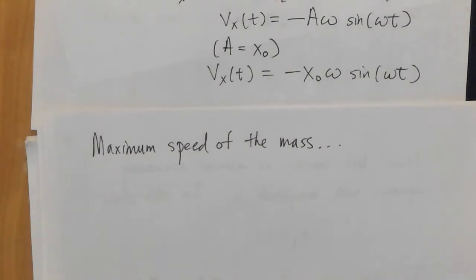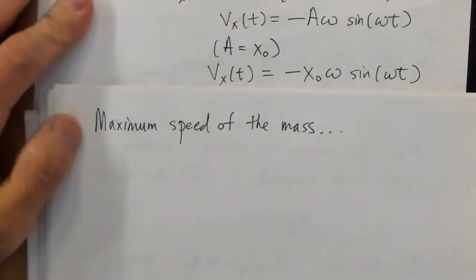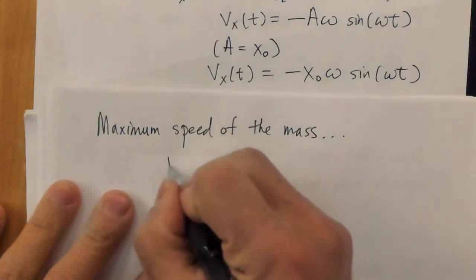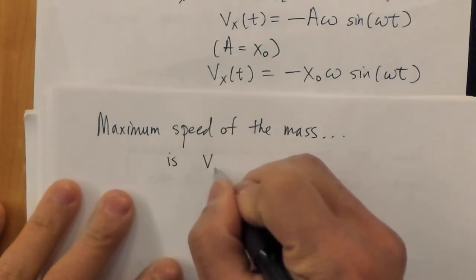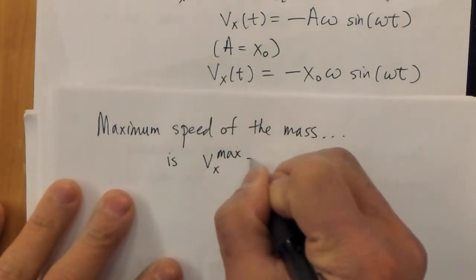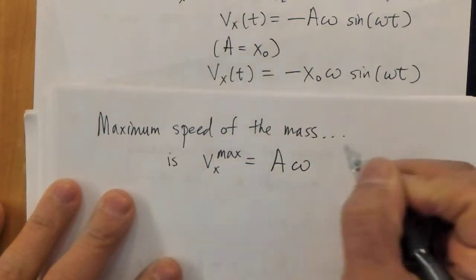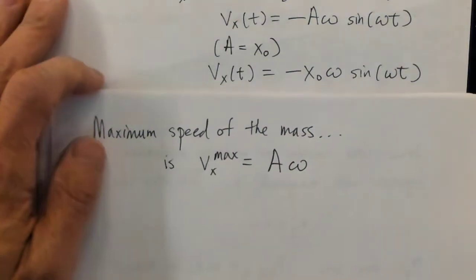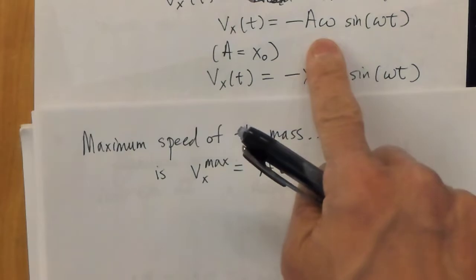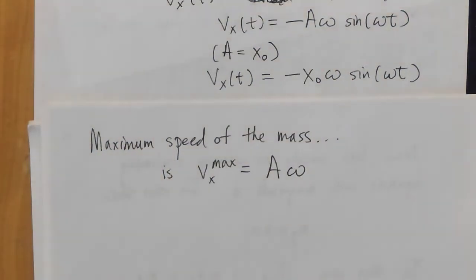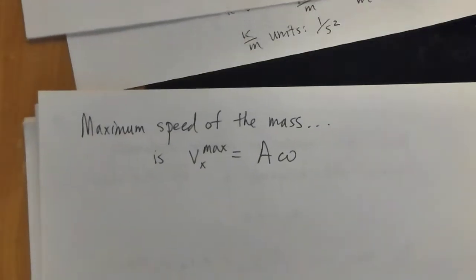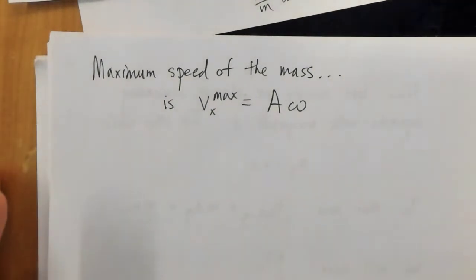That's all I'm saying. So the maximum speed of the mass is Vx max equal to a times omega. We don't need the minus sign because the speed is defined as the magnitude, so the minus sign goes away. Any questions about that?